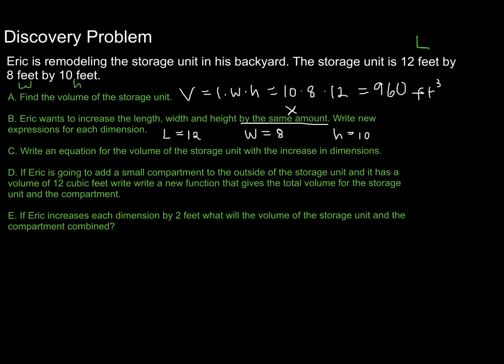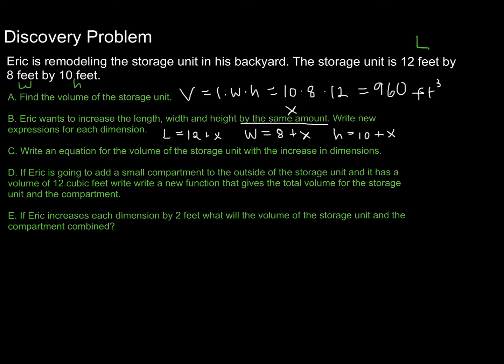So now we want to write new expressions for each dimension. So the length was 12, but now we're adding this amount, x, so it's 12 plus x. Similarly, the width was 8, but now it's 8 plus x. And the height was 10, but now it's 10 plus x. And what you'll notice now is that when we multiply the length by the width by the height, we get a slightly different situation.